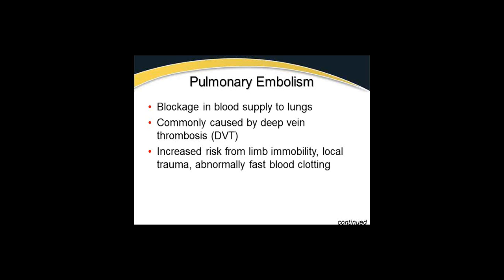So usually this is caused by a blood clot, and in some cases it's caused by a DVT, or a deep vein thrombosis, that migrated. So a DVT is a blood clot that is formed either in the arms or the legs, and sometimes they will break loose and travel and then become lodged somewhere in the lungs.